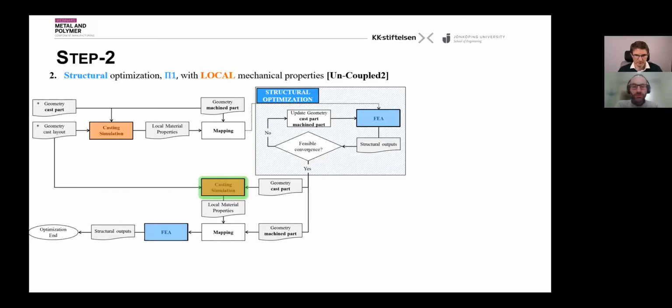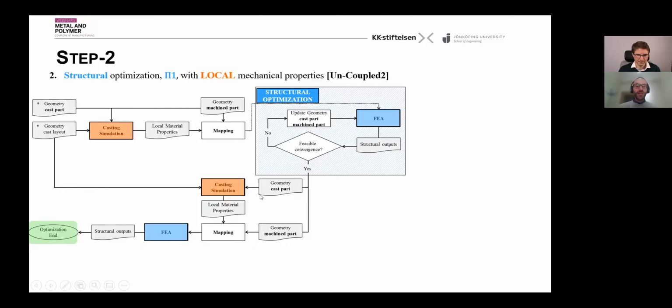Then, at the end of the optimization loop, we performed again a casting simulation with the new geometry that the optimization loop gave us. We mapped again the local properties and we performed a verification. And if everything was okay, the optimization ended.